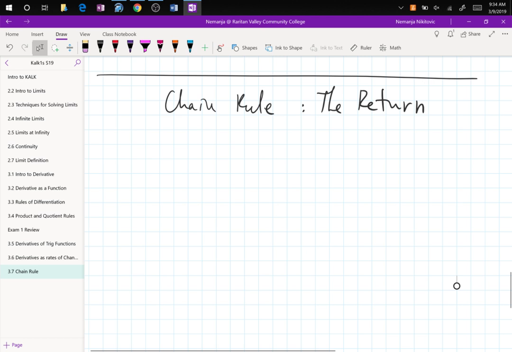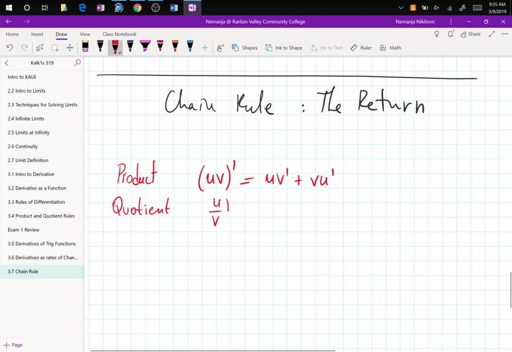So we have the formulas, and I'll list them all here. Let's do red. We have the product rule formula, which was (uv)' is uv' plus vu'. We had the quotient formula, which was (u/v)' equals (vu' minus uv') over v squared.